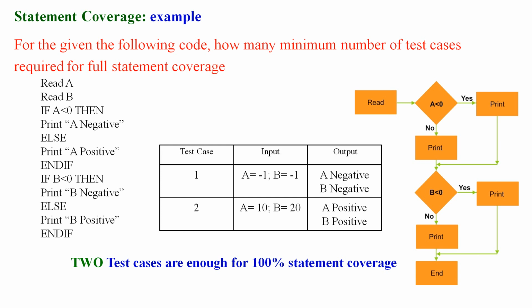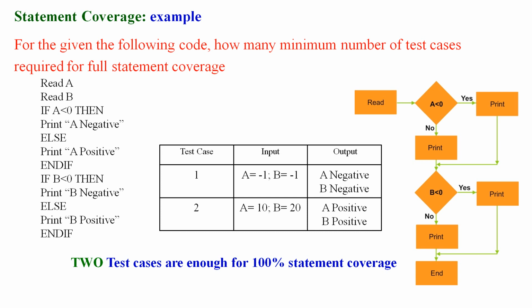So to have 100% statement coverage, I need two sets of input values. First set is A -1, B -1. Second set is A 10, B 20. This is the minimum number of sets of inputs required to cover 100% statements.